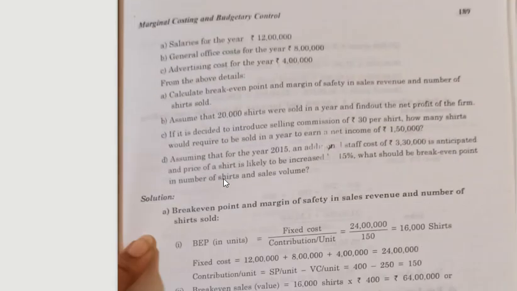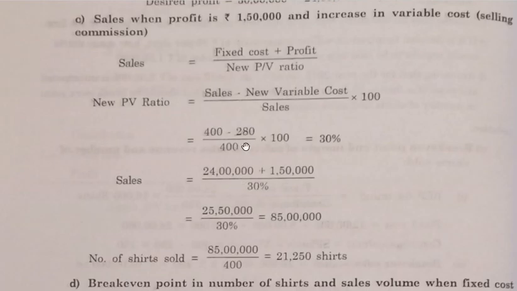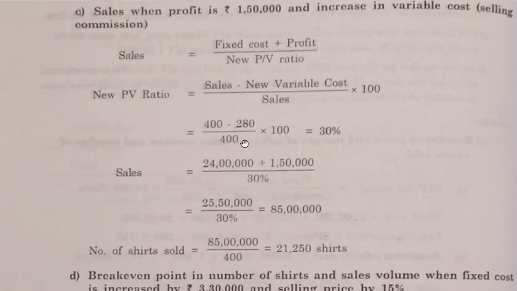They're telling us, if it is desired to introduce a selling commission of 30 rupees per shirt. What was your variable cost earlier? It was 250. So 250 plus 30 is your new variable cost. So 400 minus 280 divided by 400 into 100, which is equal to 30%.